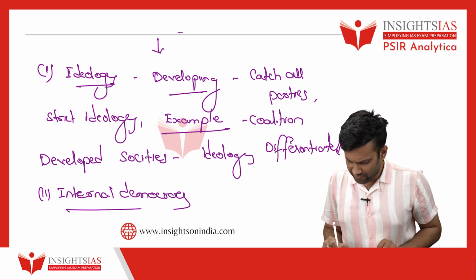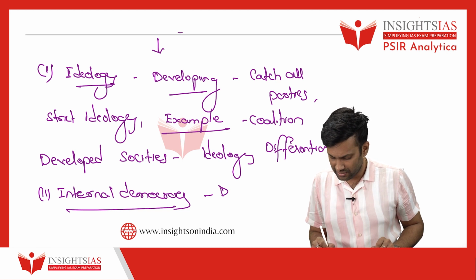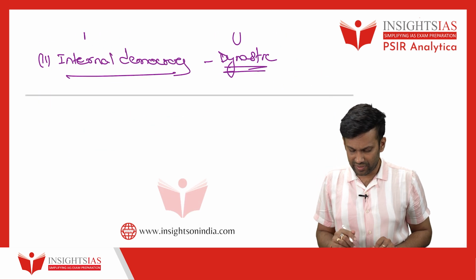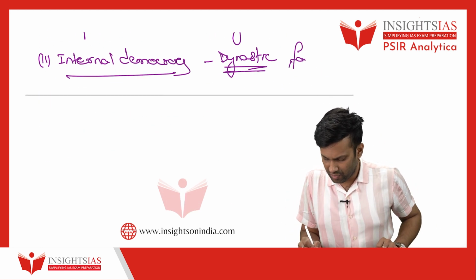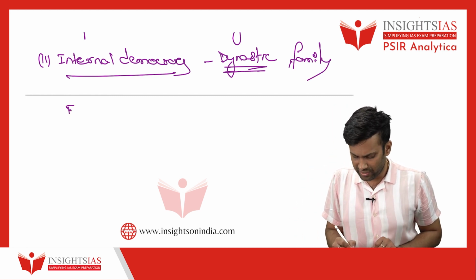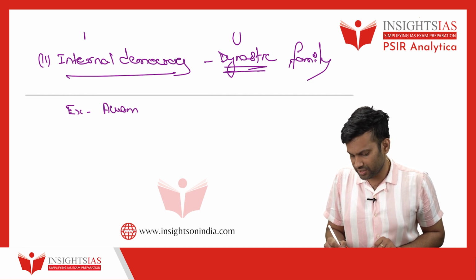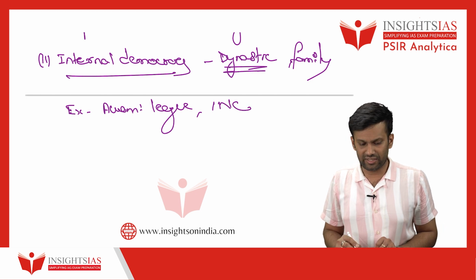So you can see most of the developing countries, the political parties are dynastic in nature. The leadership emerges from family, or personality plays a very key role in that regard. So here you can give example of the Awami League in Bangladesh or the Indian National Congress in India in that regard.